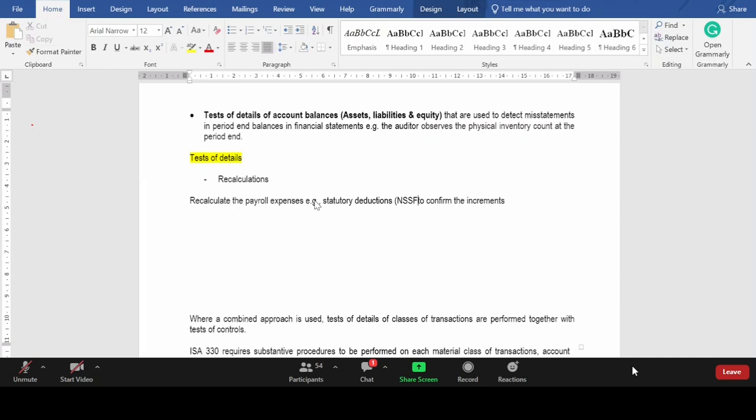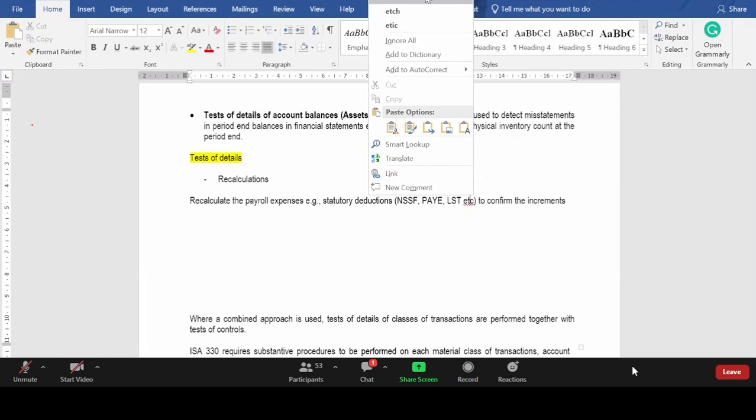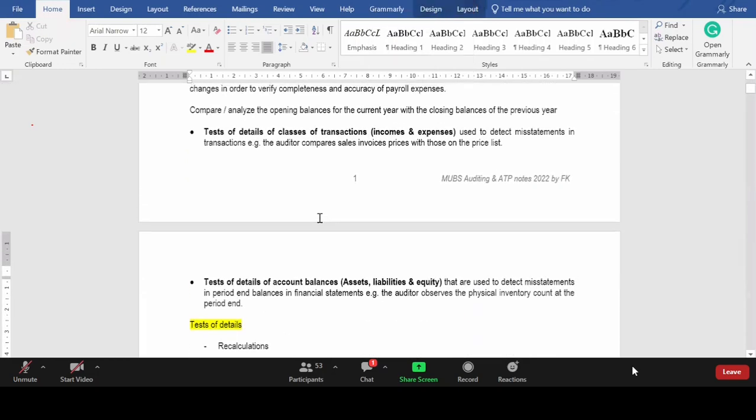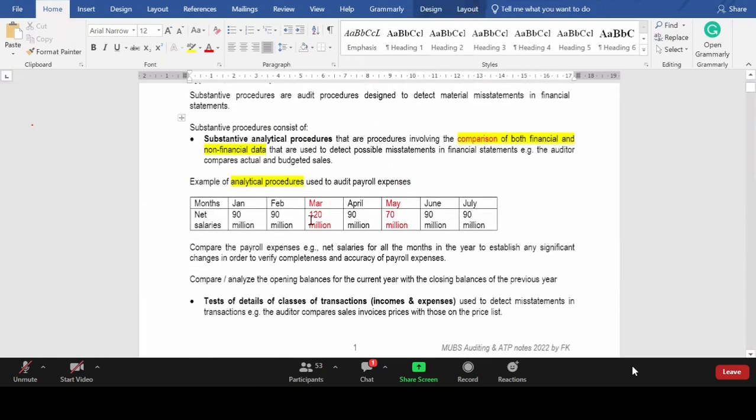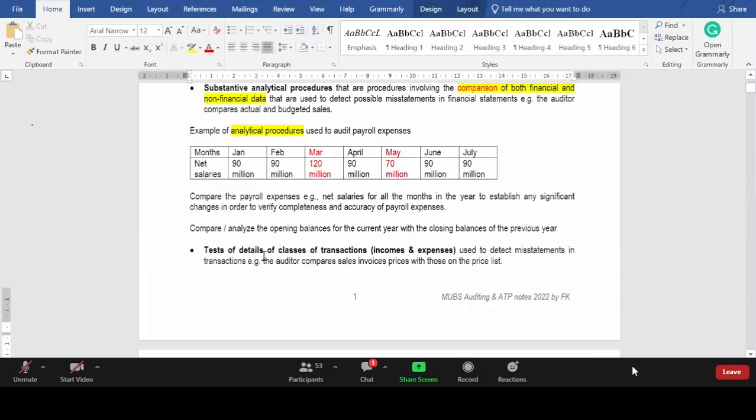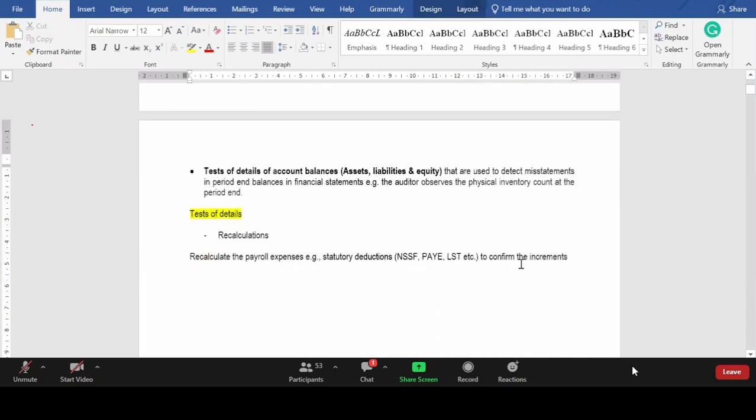NSSF, have they used the correct rates? PAYE, have they used the correct rates? LST, etc. Have they used the correct rates? They may have used the wrong rates. That's why the payroll expense is increasing. So you are recalculating here to confirm this 120, this big increment. So recalculate the payroll expense deductions to confirm the increments.